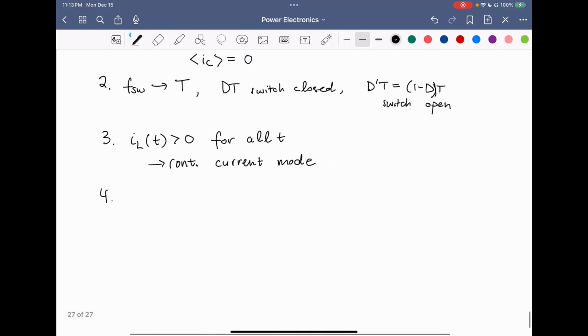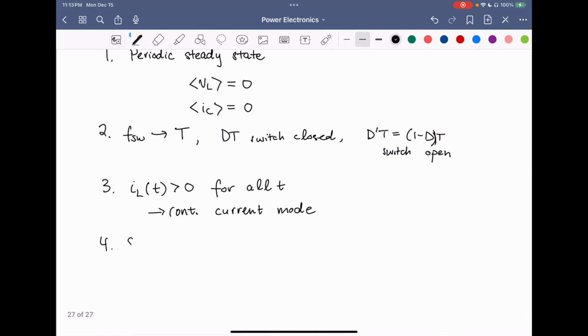But for now, we're going to make this so-called small ripple approximation for the capacitor voltage, in which the output voltage VO(t) is just equal to a constant DC value, VO.